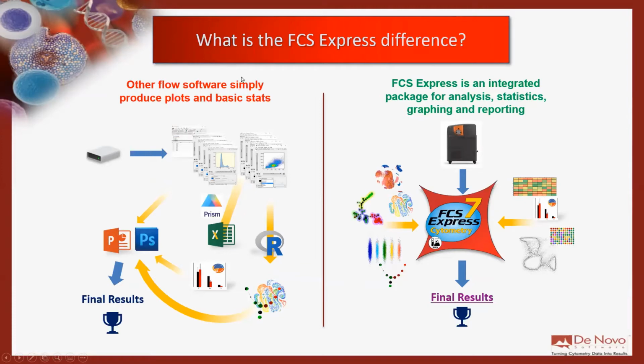This is what you can do with every software on the market, even software which is 10 years old. Plots and gates, that's it. You can retrieve numbers, of course, but it's really hard, if not impossible, to achieve the final results with the usual cytometry data analysis software.